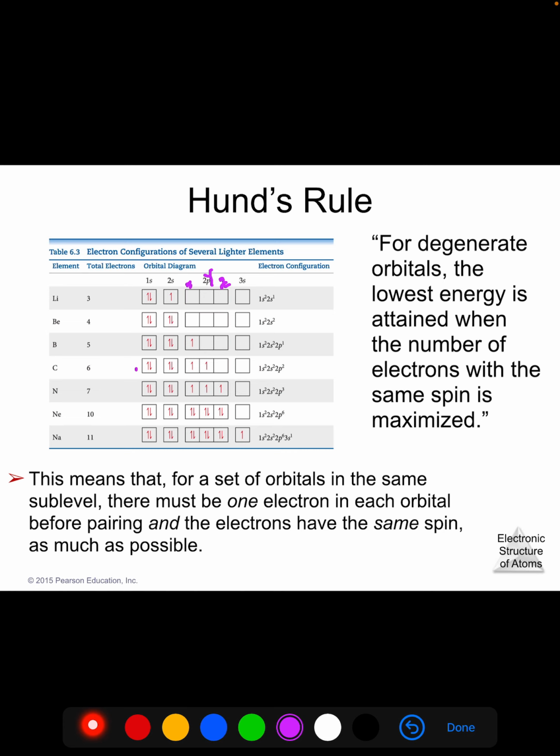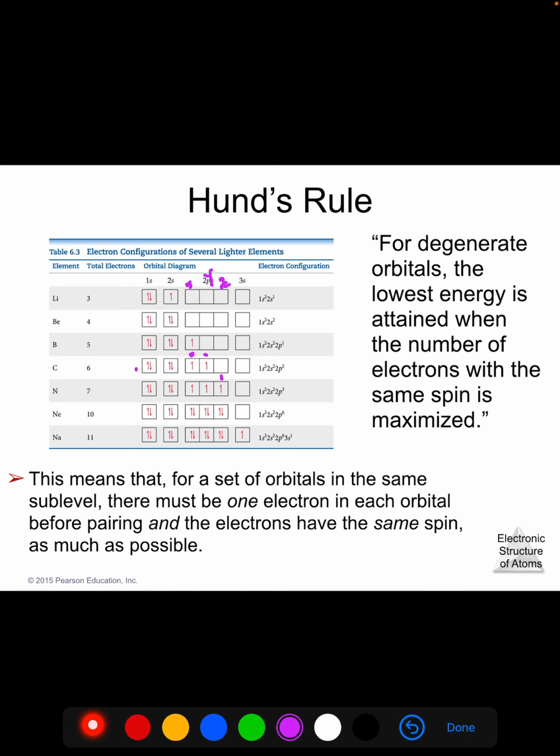The point I want to make is we don't put the second arrow in the first box. There must be 1 electron in each orbital before pairing. And the electrons have the same spin, so on both of these arrows, they're pointed up. Okay, for the next element, nitrogen, I don't put an arrow in one of the first 2 boxes. I put it in the third box.